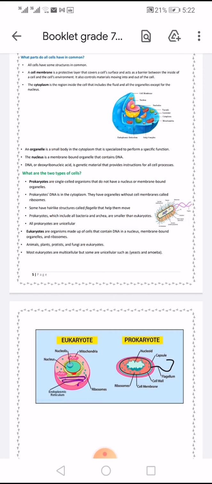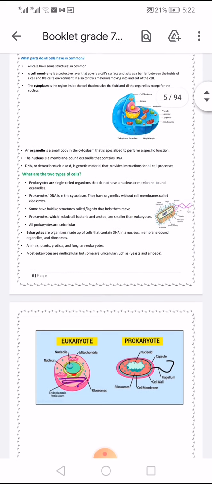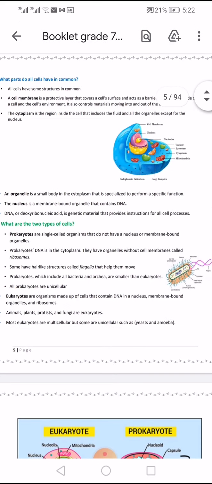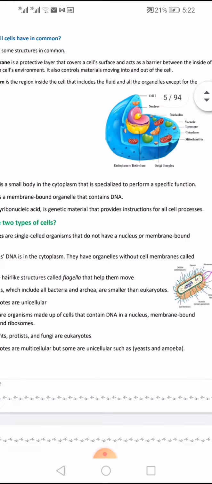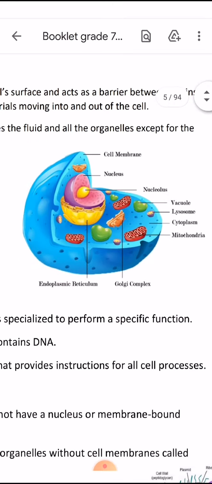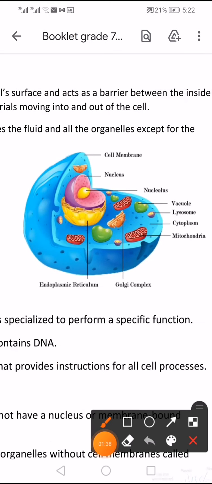What about cytoplasm? Cytoplasm is the region inside the cell that includes the fluid and all organelles except for the nucleus. Look here, this is inside the cell. The fluid that is present here, the blue color, is called cytoplasm.